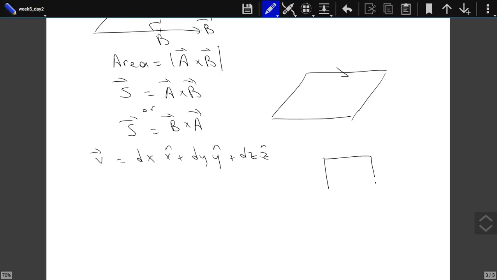I will give them dx, dy, because this dx, dy on the surface is actually the same dx and dy on the top.